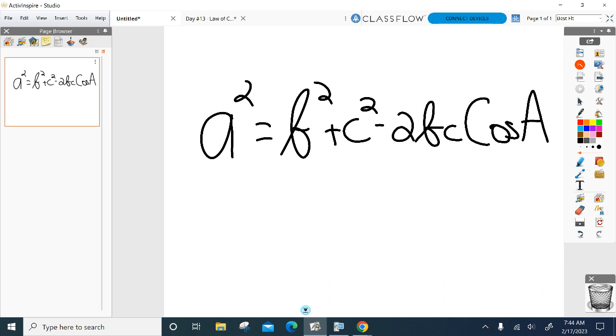So you got to understand what each piece means. a is the side across from the given angle. Okay, that's what I plug in there. I'm always going to have an angle, and I plug in the side across. And that's how I start law of cosines. I plug in the side across from the given angle.